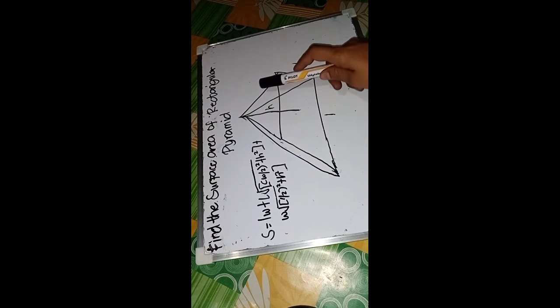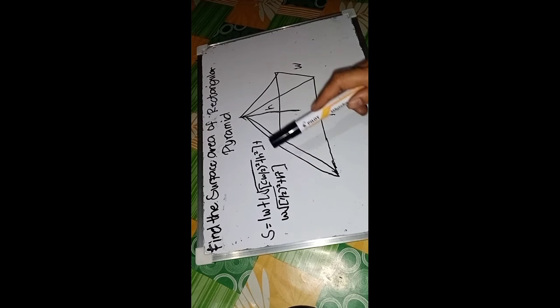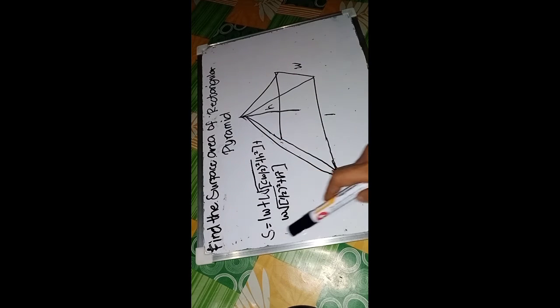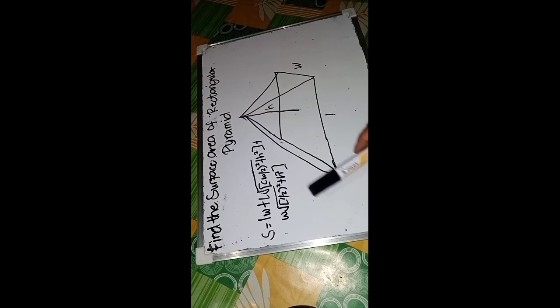Find the surface area of a rectangular pyramid. A rectangular pyramid has 4 triangular faces and 1 rectangular face. Thus, the total surface area of a rectangular pyramid is calculated by adding up the area of all rectangular and triangular faces. This is our formula for the surface area of a rectangular pyramid.